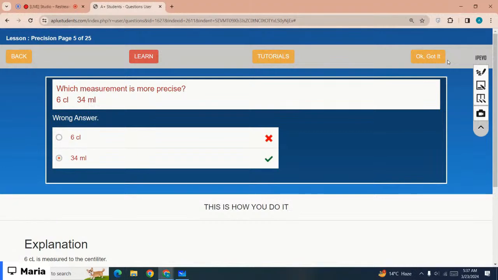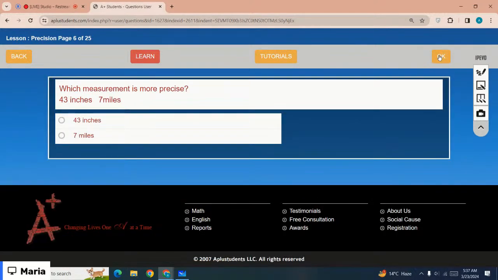So 34 milliliters is the smaller one. The next one is that is 43 inches. The correct option is 43 inches.